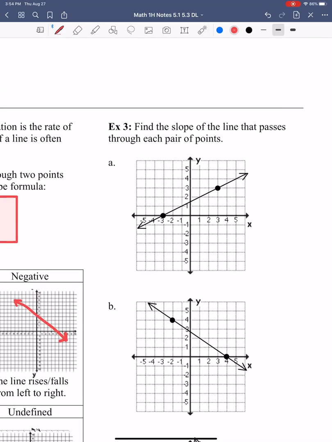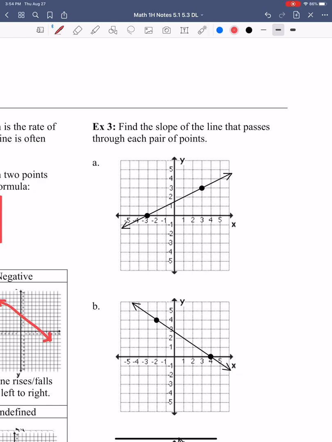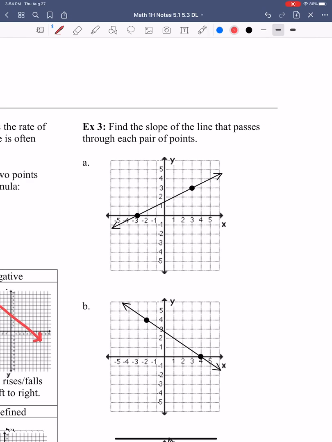Example 3 says find the slope of the line that passes through each pair of points. So you may have seen this before, and we're going to box this up with some stars and bells and whistles. If you have a picture of the graph, you can always use rise over run to find your slope. So that's rise over run, which is going to be the change in y over the change in x. You may have heard that as well. So basically we're going to start on the left.